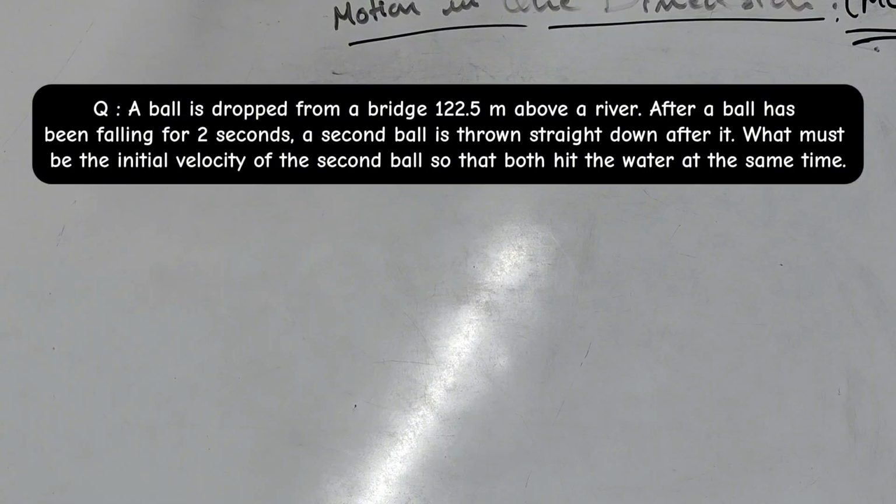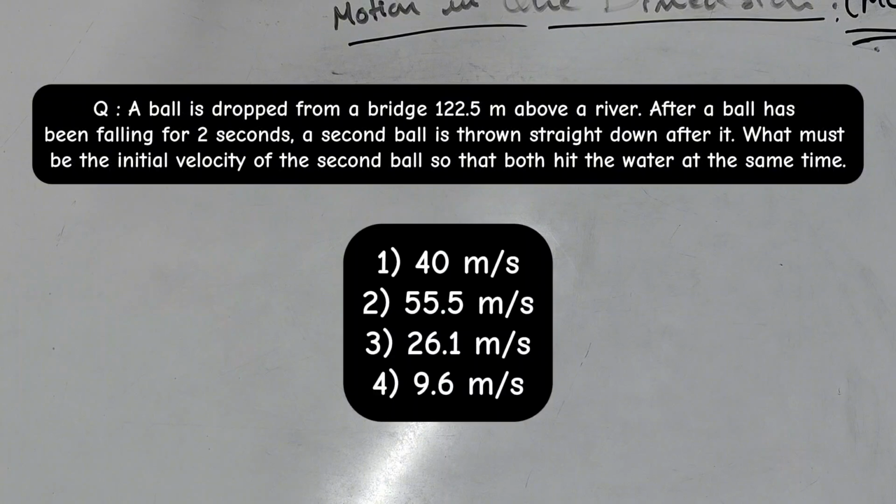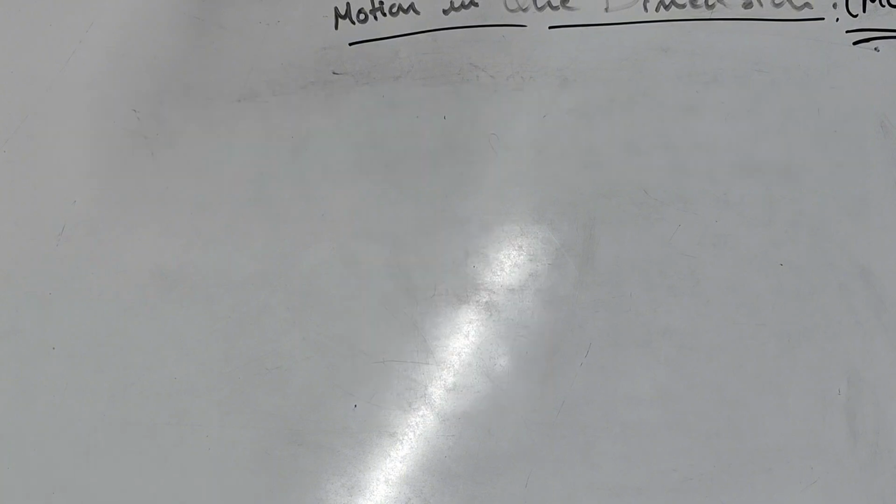What must the initial velocity of the second ball be so that both hit the water at the same time? The options are 40 meter per second, 55.5 meter per second, 26.1 meter per second, and the fourth one is 9.6 meter per second.